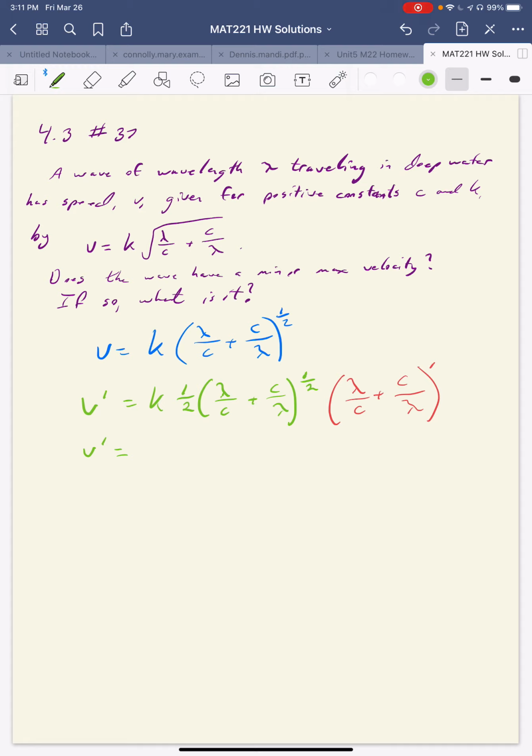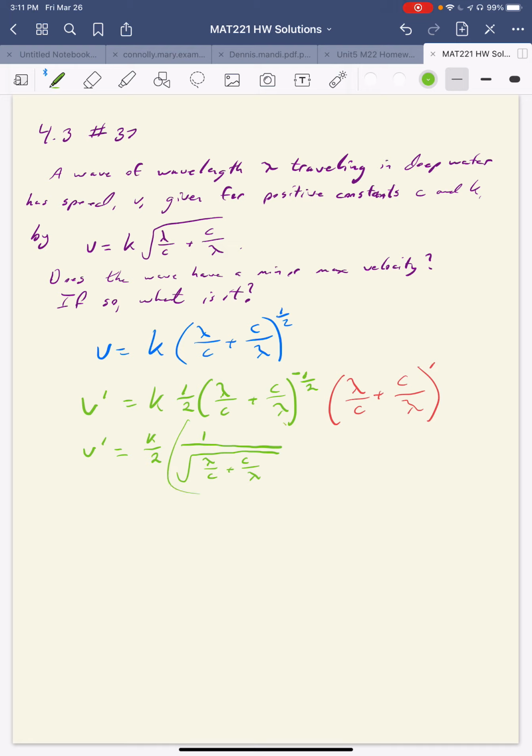The derivative of the velocity is k over 2 times, oops, I'm sorry, this should be a negative 1/2, because 1/2 minus 1 is negative 1/2. So I'm going to write that as 1 over the square root of lambda over c plus c over lambda.